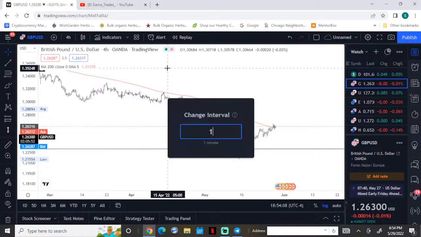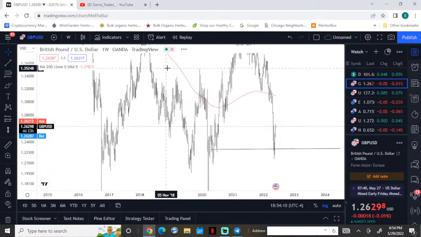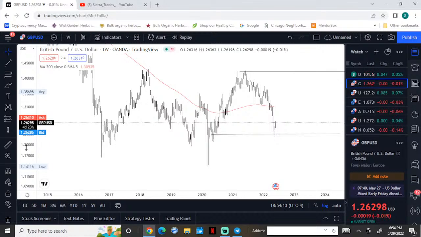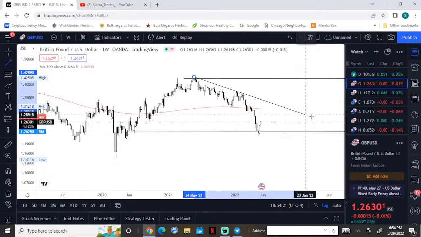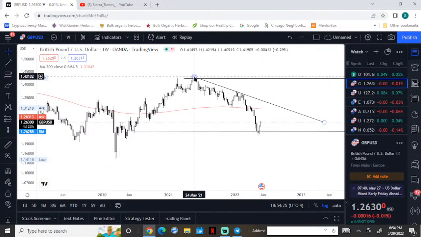I don't want to do my 4, I want to do my weekly. So I'm like, what's going on? Here we go. All right, I see a trend line on my weekly that popped out at me. And I see a zone right here.